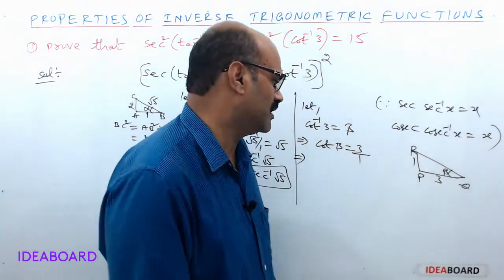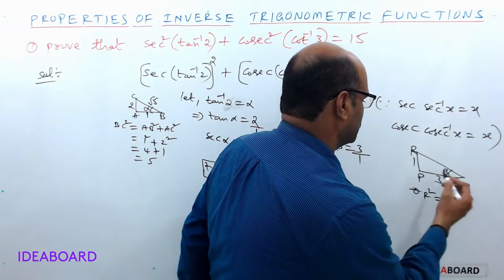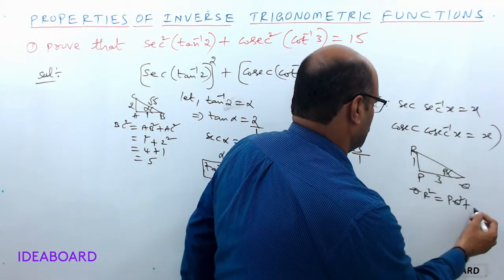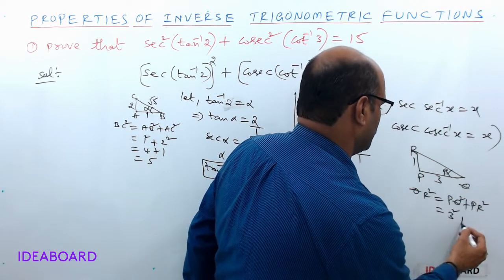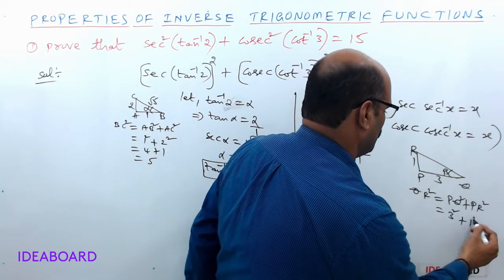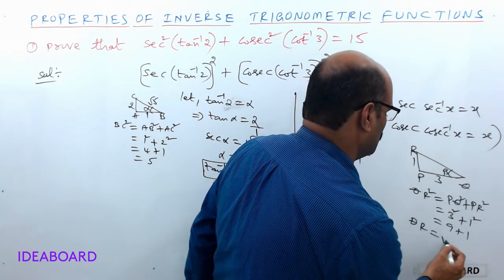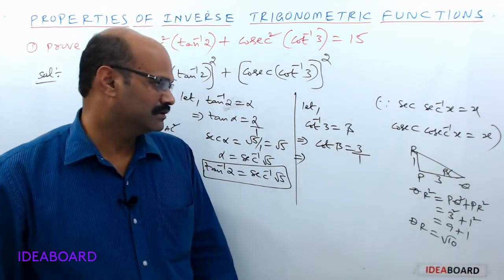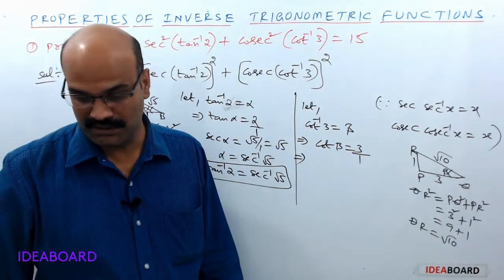Then QR square equal to PQ square plus PR square, PQ equal to 3 square plus PR equal to 1 square. So 9 plus 1. So QR equal to root 10.